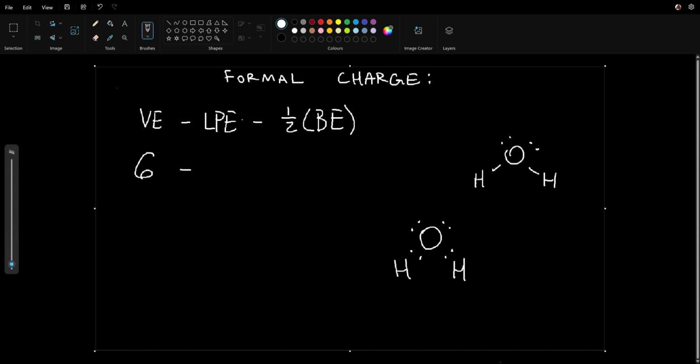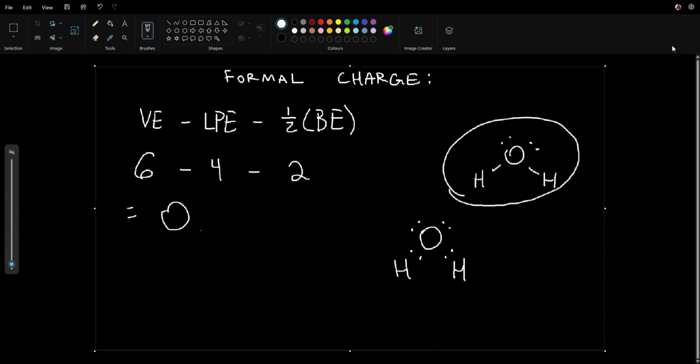Subtract how many lone pair electrons does it have? 1, 2, 3, 4. And then if we look at the bonded electrons, there are 4 electrons bonded to oxygen from between oxygen and other atoms. If we divide 4 by 2, we're left with 2. And this will equate to, similar to the hydrogen, 0. And this just proves why we use this structure as the most probable and the most common for water.